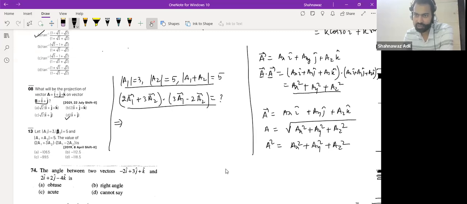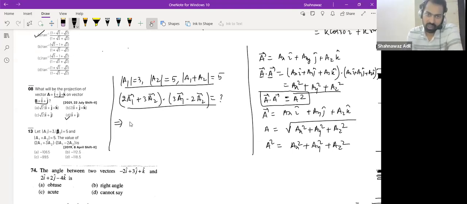Right, guys? So AX square, AY square, AZ square would be how much? A square, right? So if I take the dot product with the same vector, I get square of that vector. Understood? Clear?